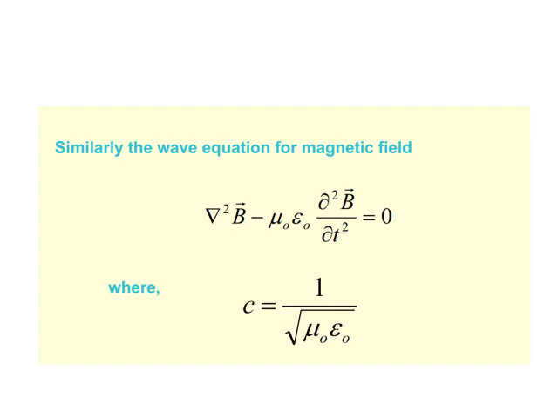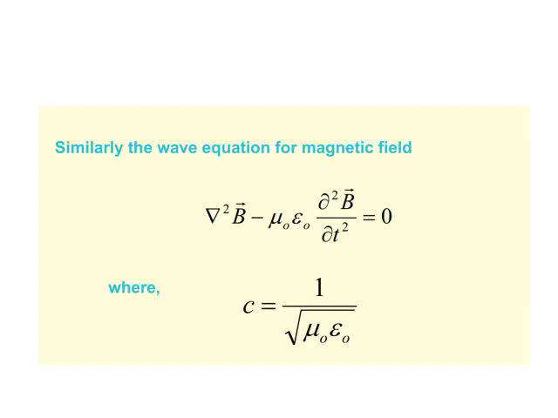Then you apply the identity equation for del cross del cross E or del cross del cross H. If it is del cross del cross E, the identity is del into del dot E minus del squared E, where del dot E you keep as 0, and the remaining term on the left side is minus del squared E. That is the final equation.